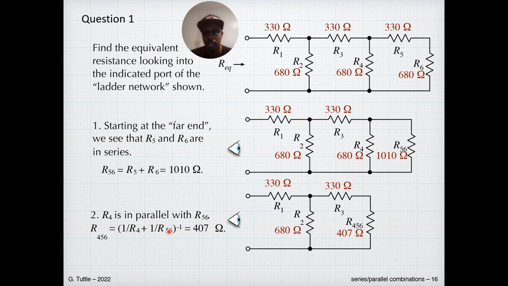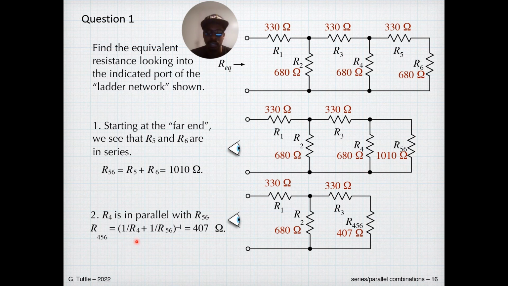Reciprocal simply means we put 1 over the value, divided by 1. The next thing is to find the simplified version of 4, 5, and 6 as a single resistor.